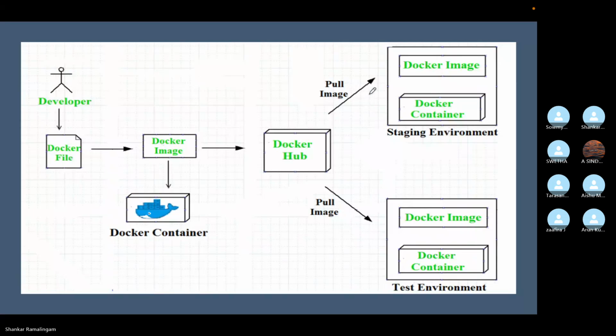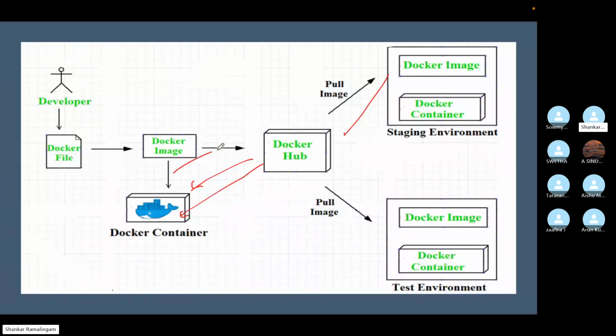Okay, sir. So from Docker, you can pull the image from Docker Hub and run a Docker container. Some of the arrow marks here may be misleading, but just understand you can do a Docker pull from the Docker Hub, and then run a container.